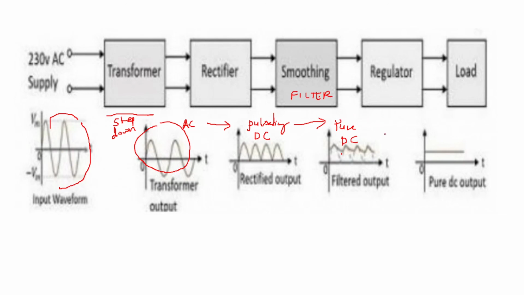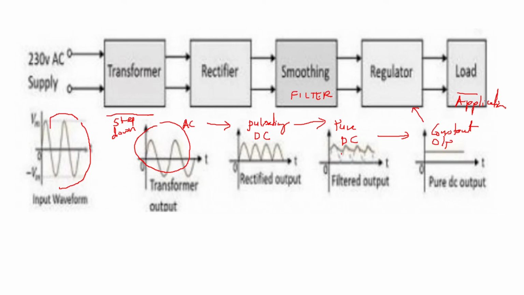Then this pure DC will be converted into a constant voltage output, in spite of line regulation or load regulation, by the regulator, and it is given to the load, which will be your application. This is what we have studied in the block diagram of a regulated power supply.